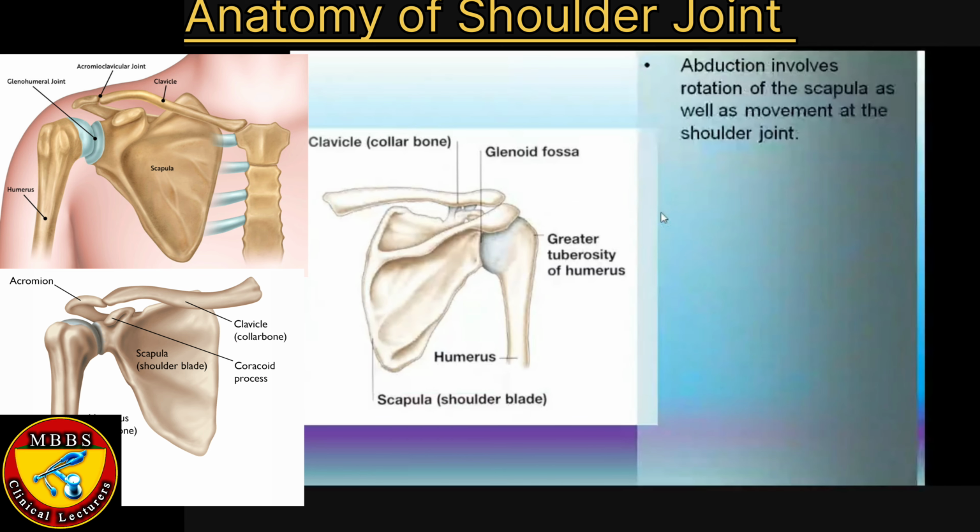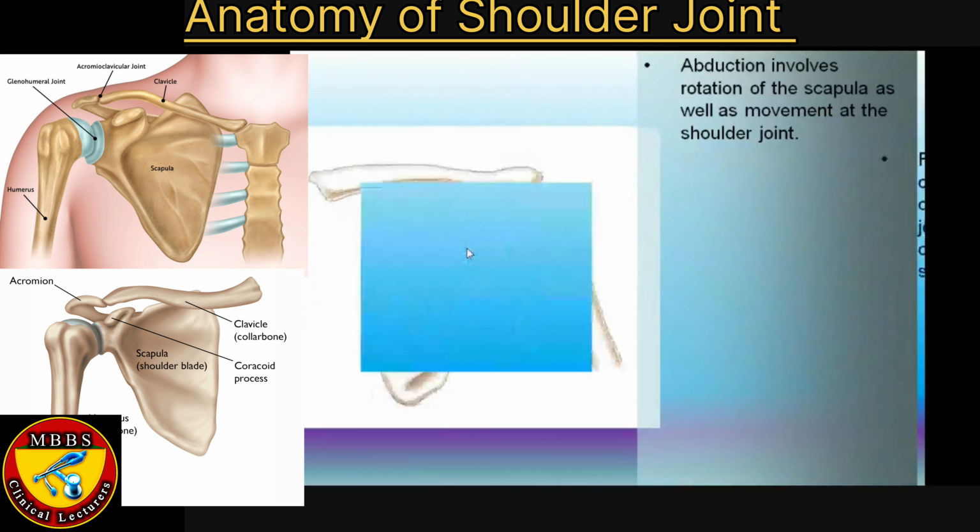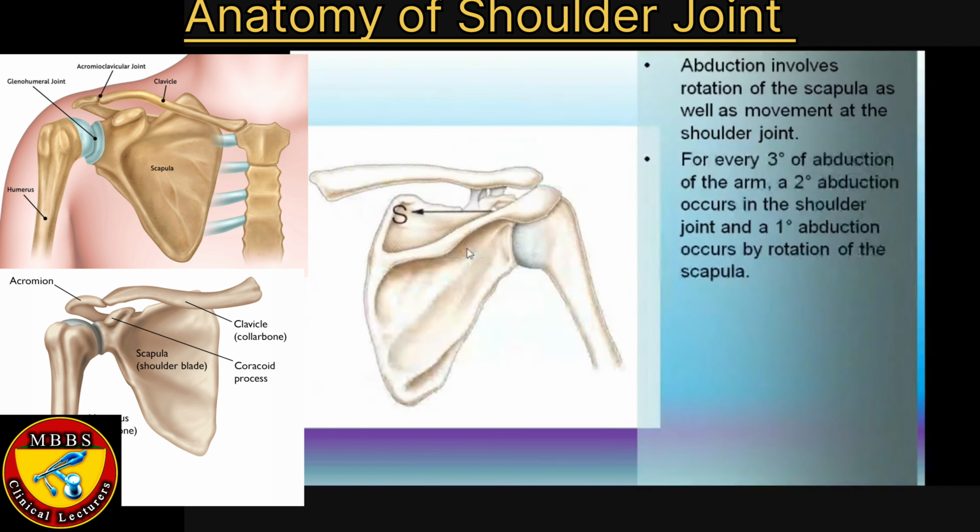Now, when we talk about abduction, this involves the rotation of the scapula as well as the movement of the shoulder joint. For every 3 degrees of abduction of the arm, 2 degrees occur at the shoulder joint, and 1 degree occurs by rotation of the scapula.